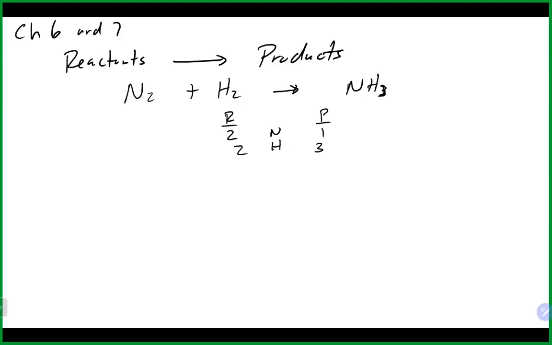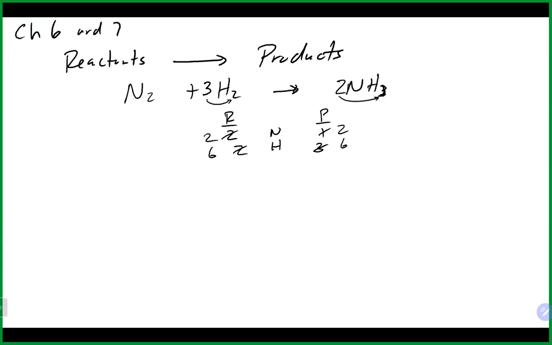Sometimes the easiest thing is good. So in this case, we could put a 2 over here for our nitrogen, gives us 2. We then also multiply it to everybody behind, which would be 6. We now know we need to come over here and put a 3. So we still have 2. And again, 3 times 2 is 6. So this would represent our balanced equation.